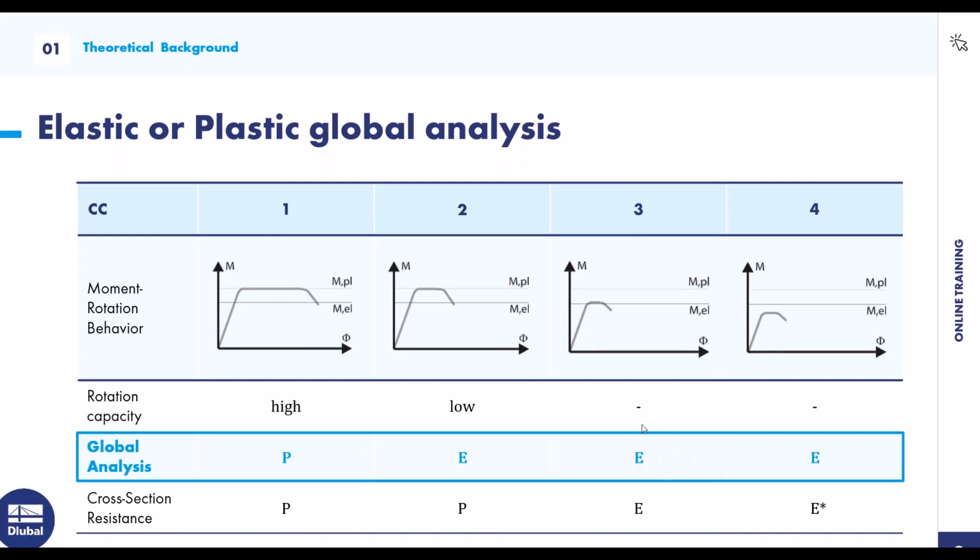Cross-section classes 3 and 4 allow an elastic structure analysis, and the cross-sectional resistance can only be applied elastically. For cross-section class 4, only a reduced cross-section resistance applies, the effective cross-section.